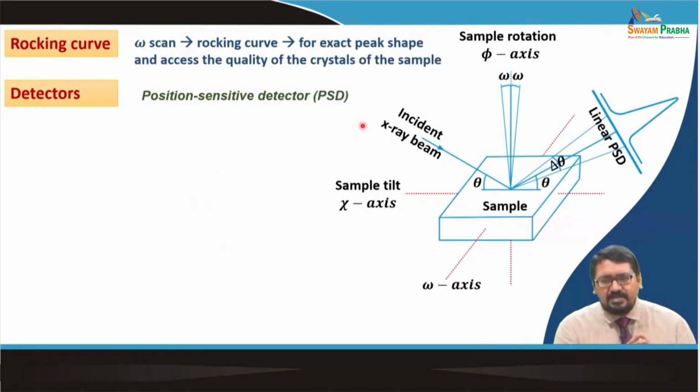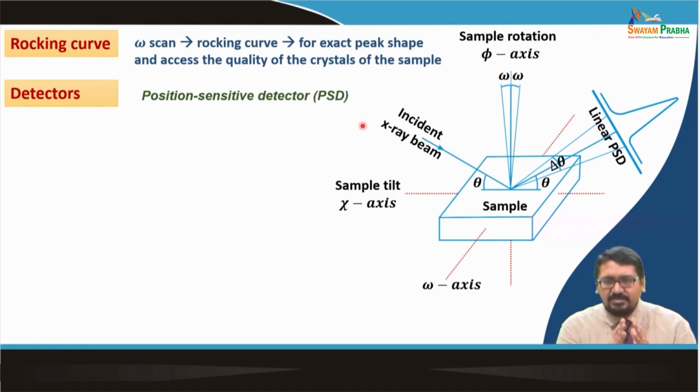Now, you see that in order to obtain the peak, as I said, omega is basically rotated so that it goes to that theta or 2 theta for that particular h k l plane to get the Bragg angle reflection, right.